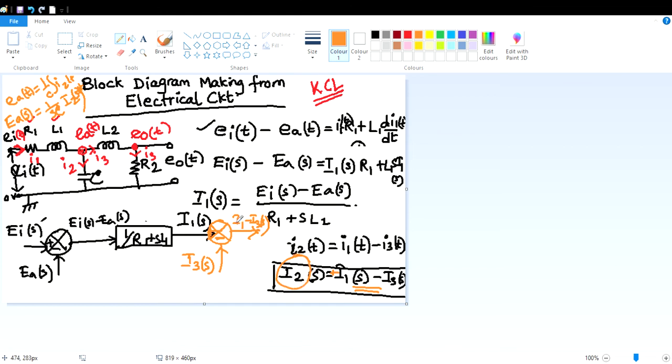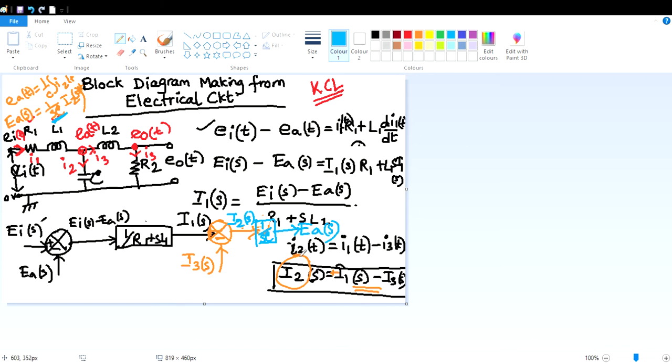So instead of I1 minus I3, I can write here I2(s). Now if I multiply I2 with 1 by SC, I will get nothing but EA(s). So here I will get EA(s). Okay.